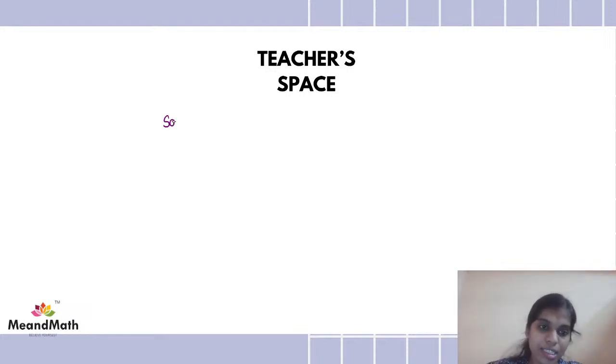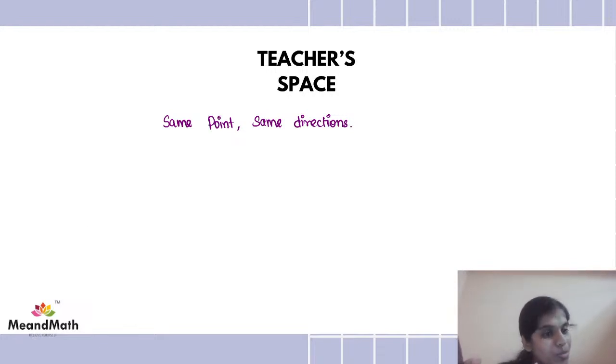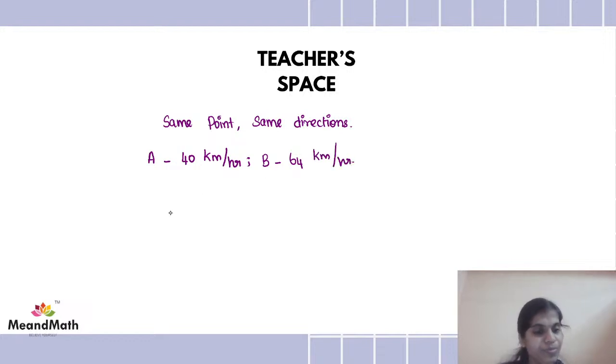Starting at the same point in the same direction, their relative speed will get decreased. Train A is traveling at 40 km per hour, B is at 64 kilometers per hour.